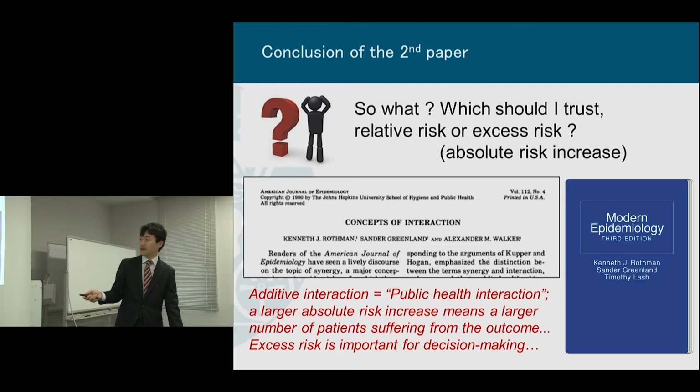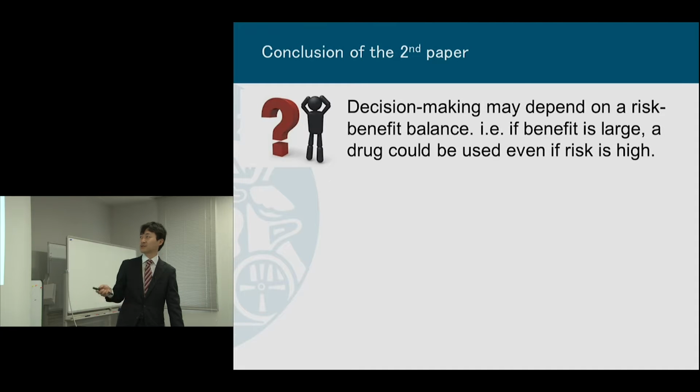But what I thought was, if discussing decision making, my interest was also risk-benefit balance. So coming back to this original question, risk-benefit balance. If benefit is large, a drug could be used even if risk is high.